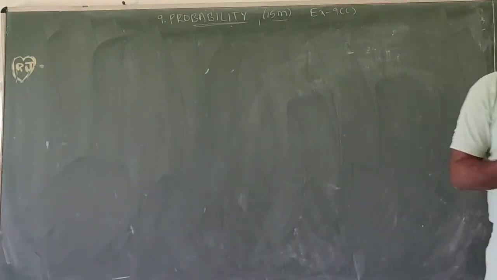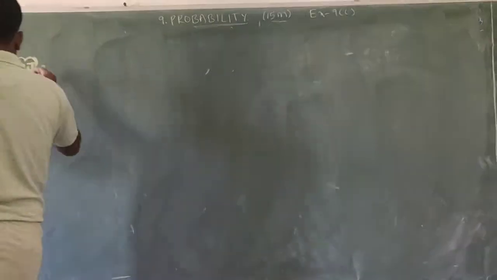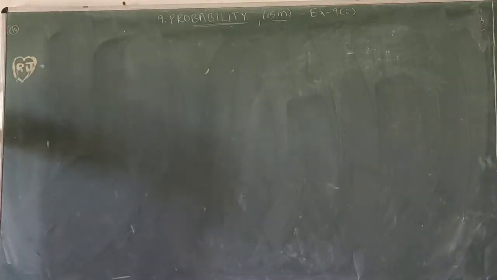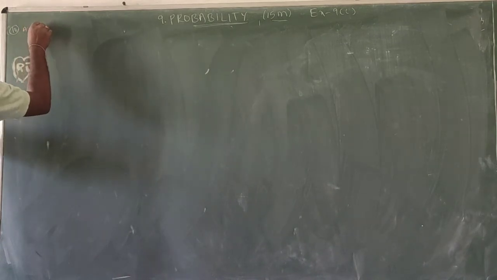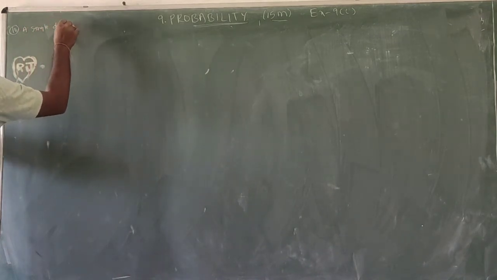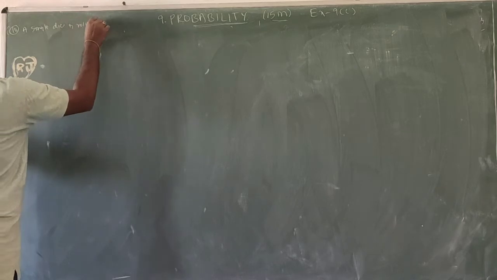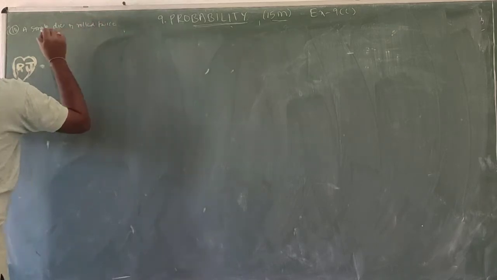Question number 10. A single die is rolled twice in succession.